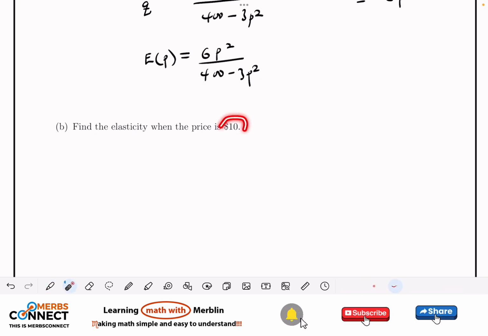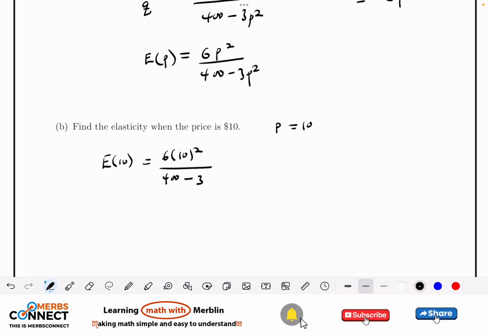Now we want to find it at p equal to 10. So what is E(10)? We just do substitution in this. So 6 times 10 to the power 2 divided by 400 minus 3 times 10 squared. This is going to be 6 times 10 squared, which is 100, divided by 400 minus 3 times 100.